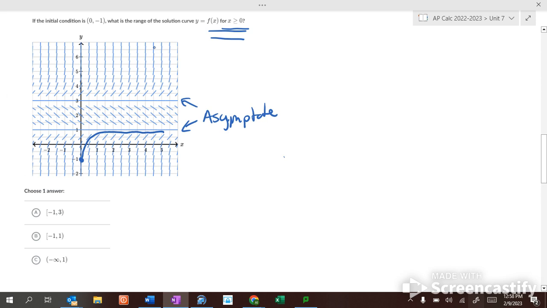It says, what is the range? The lowest value for the range is -1 because that's where we start, and we're just looking for x greater than or equal to 0. If it was all numbers, then it'd be negative infinity up to 1. But since we start right here at 0, it's just -1 to 1, with an asymptote at 1.